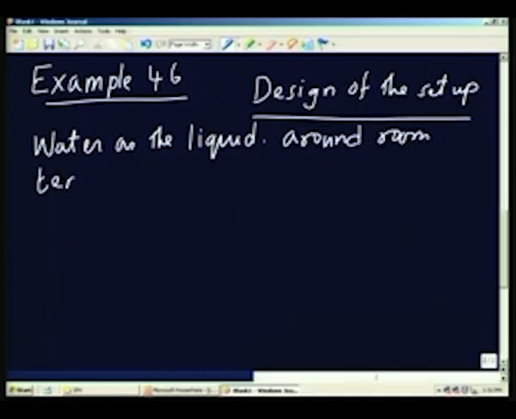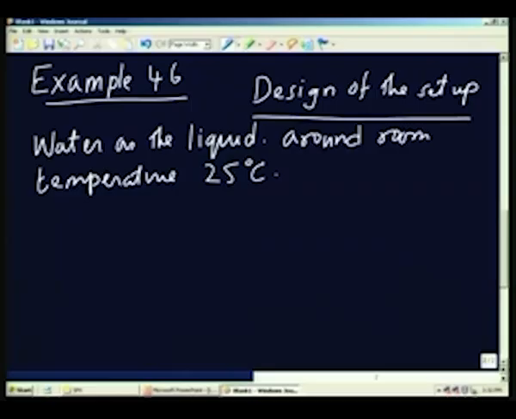That means that the temperature is something like 25 degrees centigrade. So for design purpose, what I can do is I can take the properties of water roughly at this temperature and then design the setup for that particular condition.